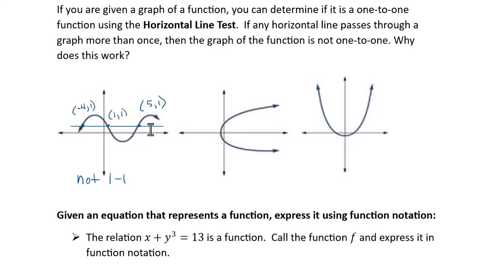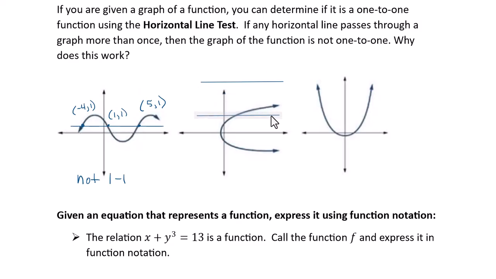You can clearly see that we have a y value of 1 that is being mapped to more than one value of x. So it doesn't pass the definition of being a one-to-one function. It is a function. It passes the vertical line test, but it is not a specialized one-to-one function.